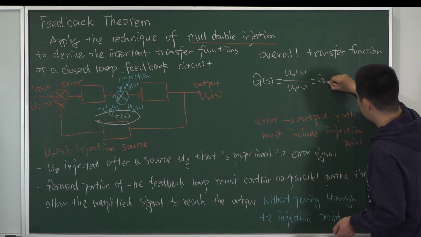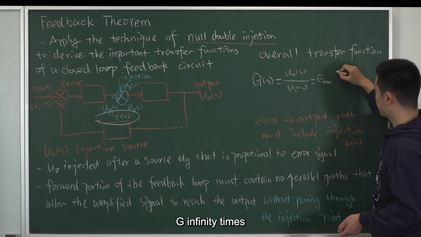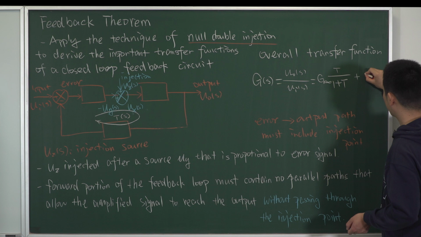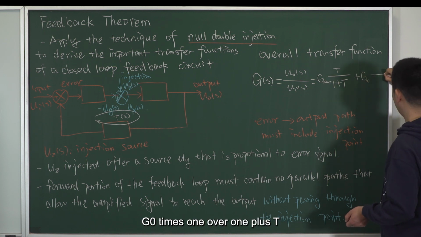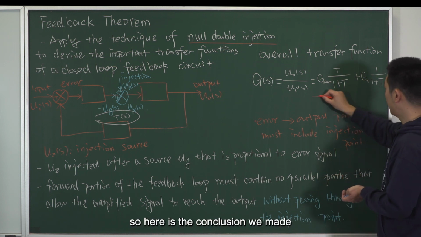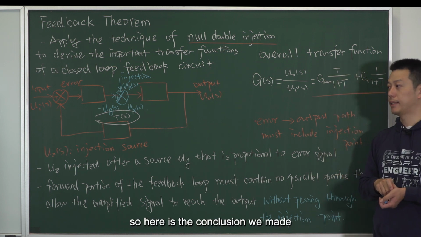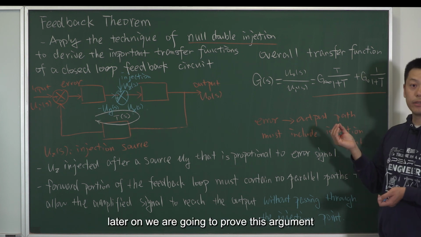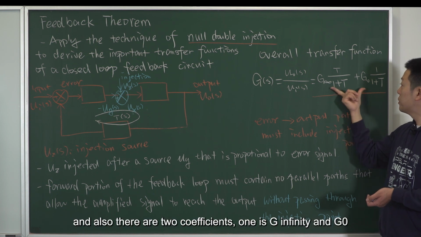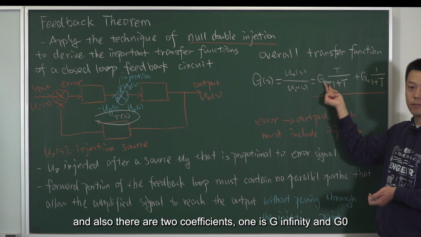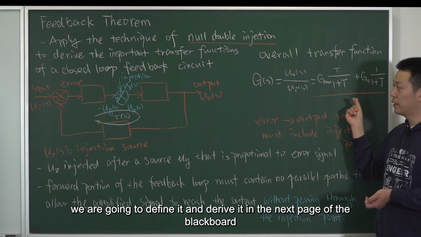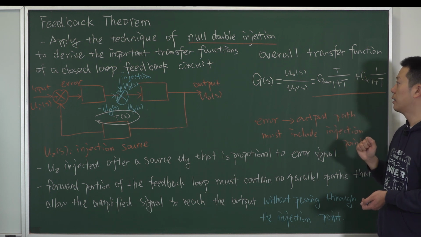The first part is G infinity times the loop gain over 1 plus the loop gain. The second part is G0 times 1 over 1 plus T. So here is the conclusion we made. Later on, we are going to prove this argument. Also there are two coefficients, G infinity and G0. We are going to define and derive them on the next page of the blackboard.